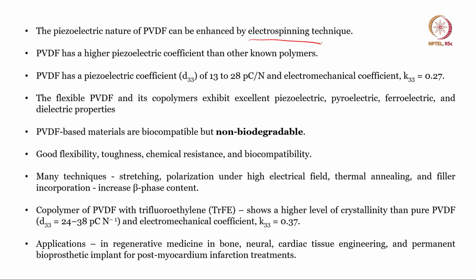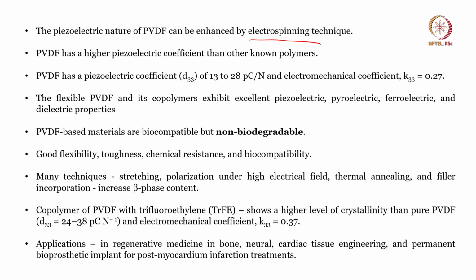In this electrospinning process, a solution of the polymer is prepared and subjected to high mechanical stress, under which it forms a fibrous structure, and thereby the alignment of the PVDF crystals takes place from alpha to beta form, and thereby it shows piezoelectricity.